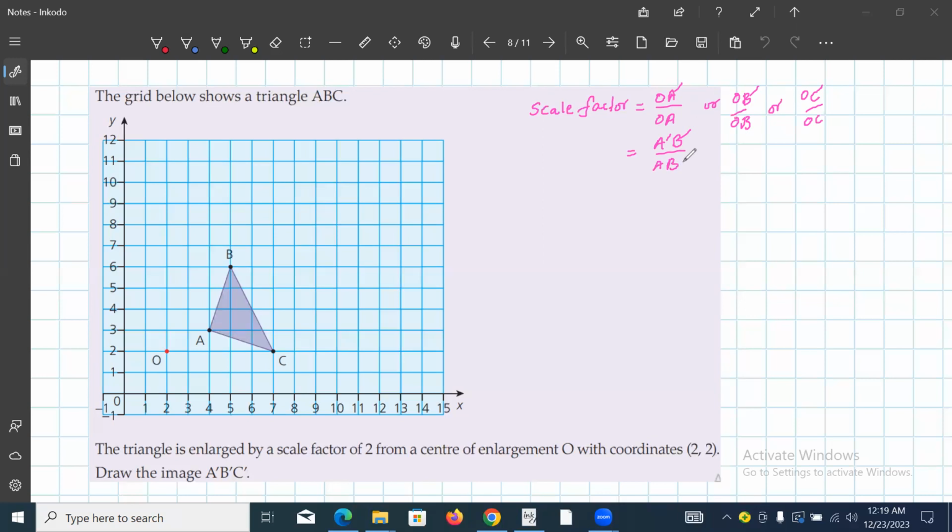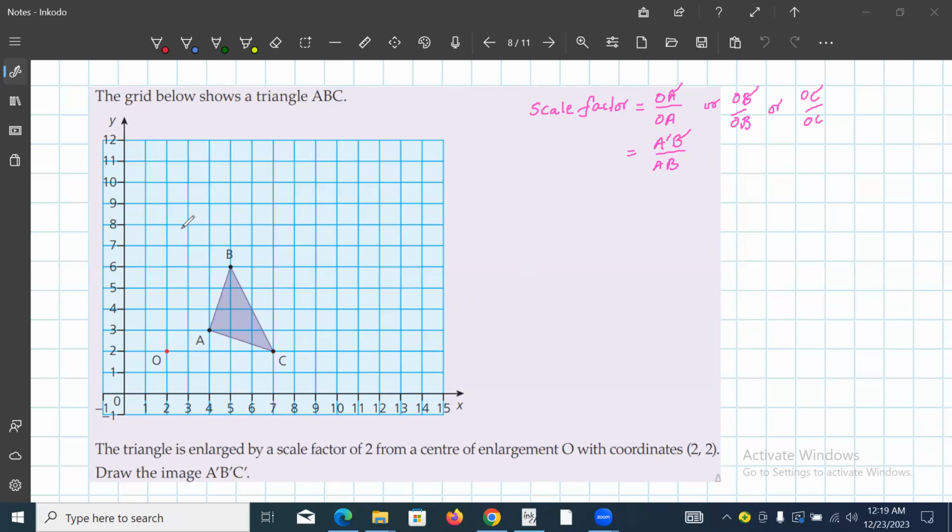This will work also. Anyway, here we have been given scale factor 2, and of course the image will be bigger than the object.